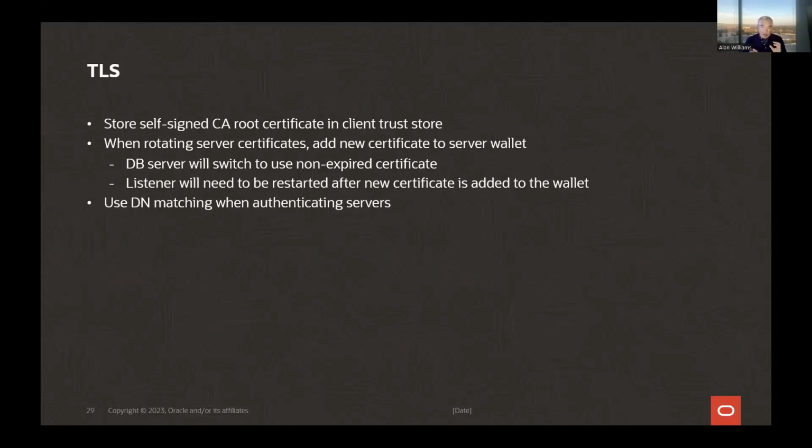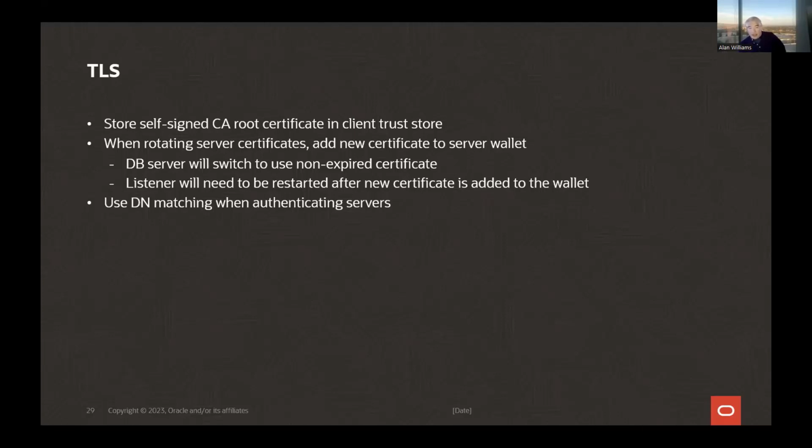And when you're using server specific certificates, then we recommend using DN matching, either partial or full, and we'll cover exactly how that works in another TLS session. That really ties in what the client is requesting, to make sure that the certificate and the server it's connecting to is the right server. A couple other recommendations I don't have written here: setting the TLS protocol.